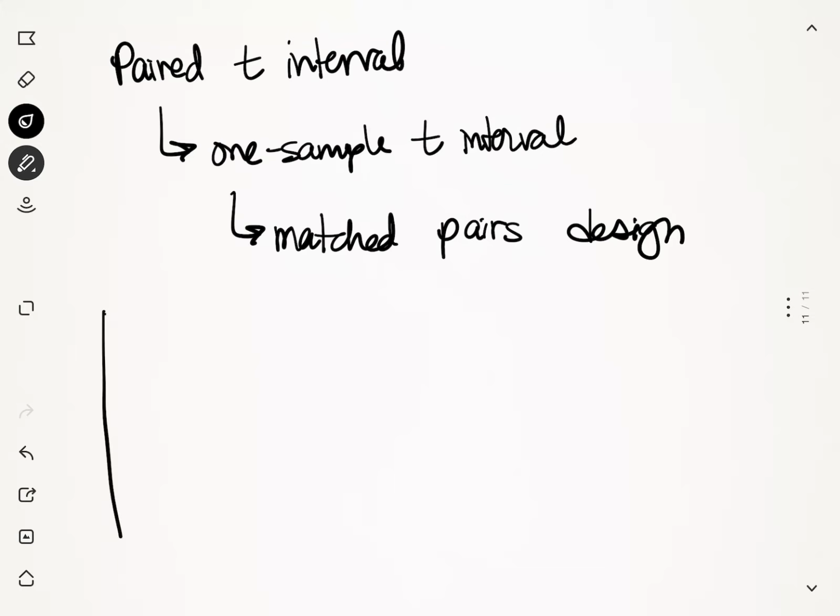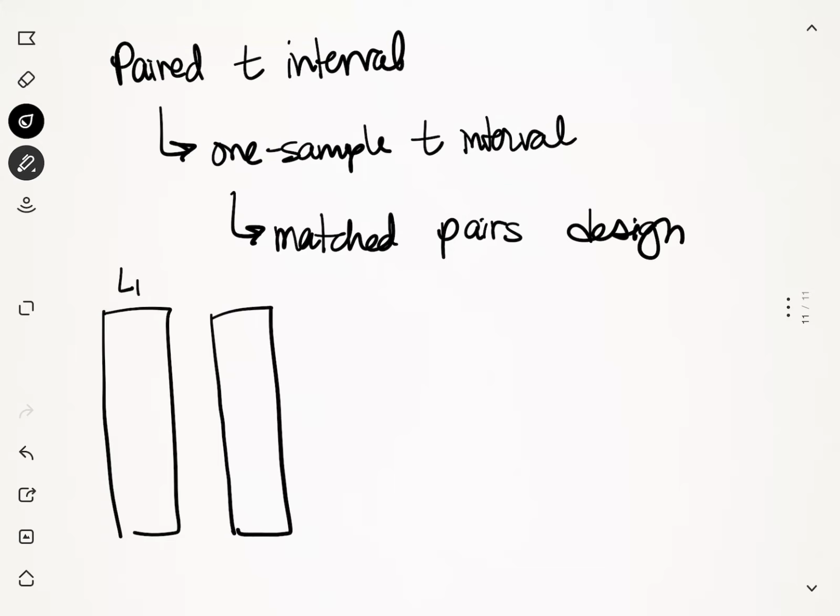So you would take, say, your list of data from the subjects who received the placebo and plug them into list 1. Then you would take your list of data that represents the subjects receiving the caffeine and plug that into list 2. And then you would define this third list as your difference list, okay?